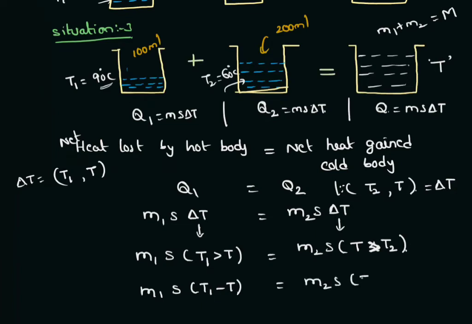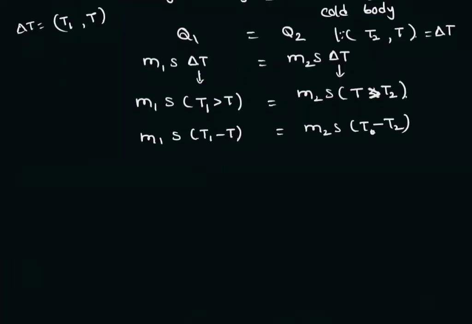M2S into (T minus T2). Here, T1 minus T. So now simplify it. If you simplify, what will happen? M1S T1 minus M1S T equals M2S T minus M2S T2.